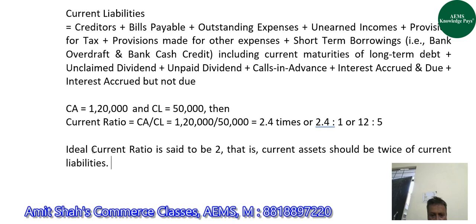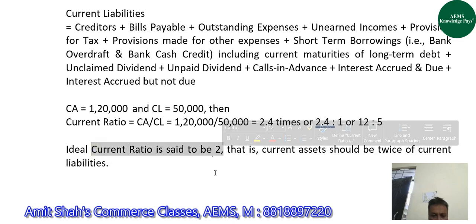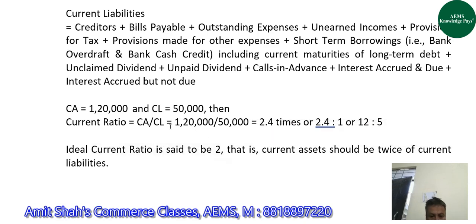Now, guys, why is ideal current ratio 2? Because even though suppose here we have current liability is 60, then our current ratio would be 2 is to 1.